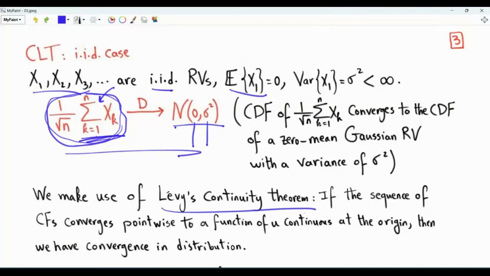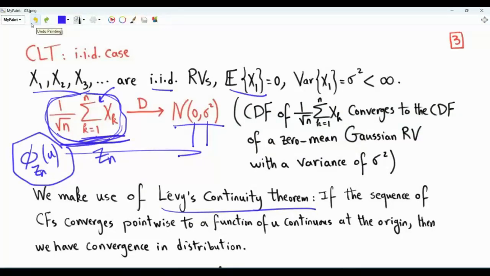So there is Levy's continuity theorem, which tells us that we do have convergence in distribution if the sequence of characteristic functions converges pointwise to a function that is continuous at u equals 0. In other words, if this random variable is called, let's say, Zn, we study the characteristic function of Zn of u. We study the limit of this characteristic function as n tends to infinity.